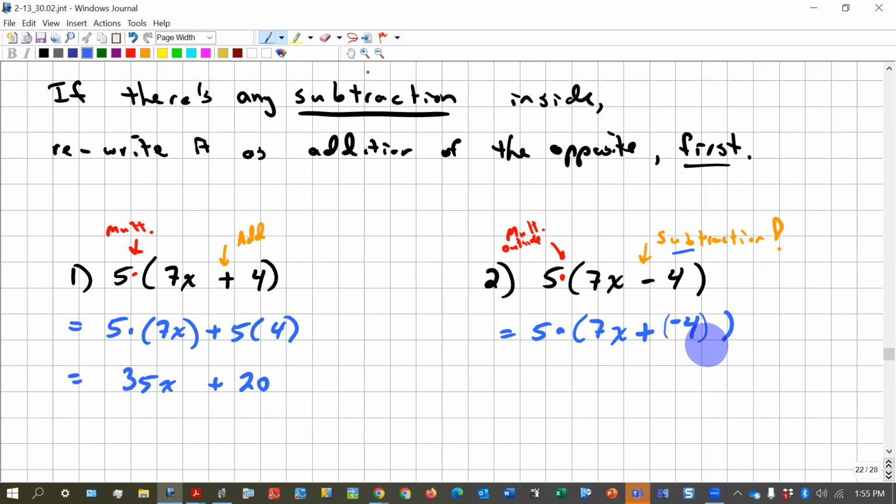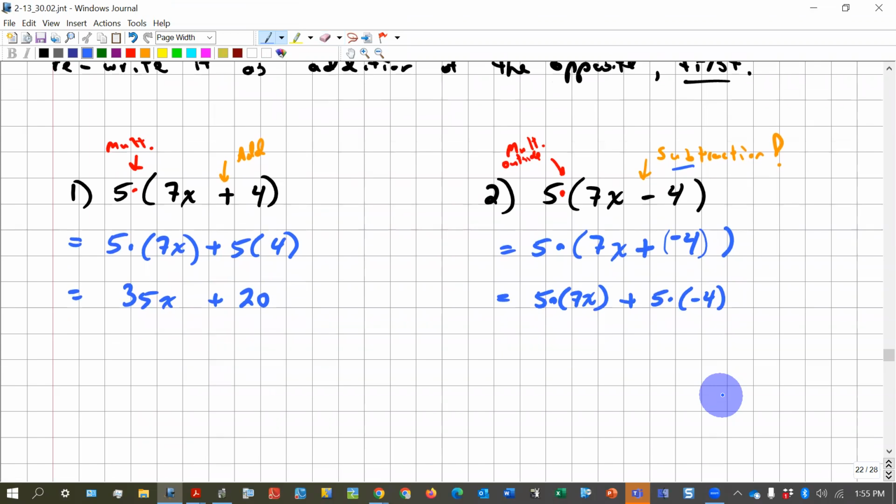And again, some instructors will make you put parentheses around the negative 4. But now I have addition inside and multiplication outside. And so now I can distribute my 5. Five times 7x is 35x, plus 5 times -4 is -20. And then if you want to, you could take adding a negative and rewrite it as subtracting a positive.